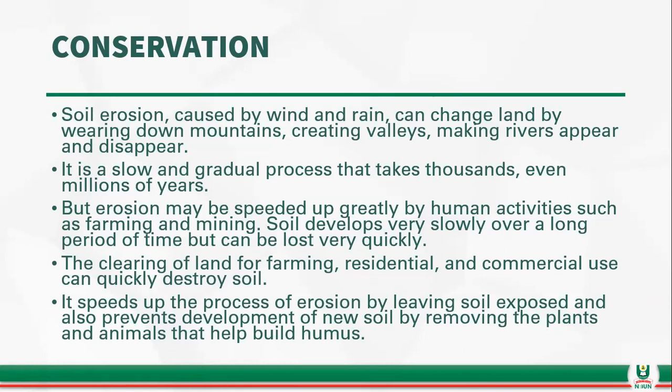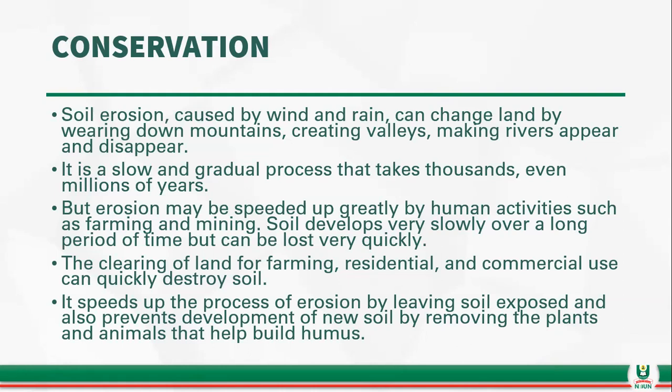It is a slow and gradual process that takes thousands, even millions of years. It takes quite a long time before soils form, up to 1,000 years in certain instances. That is why we have to be very careful the way we manage our soil.